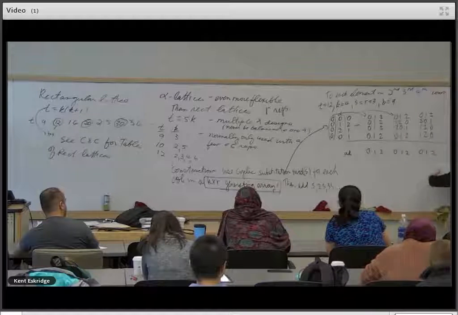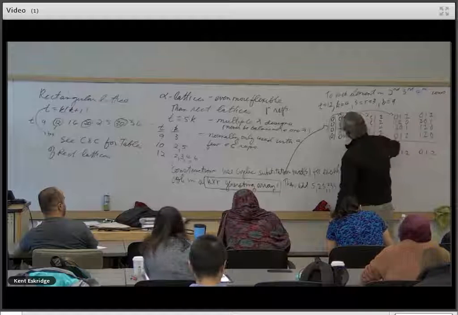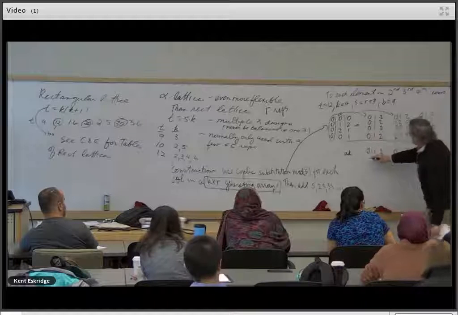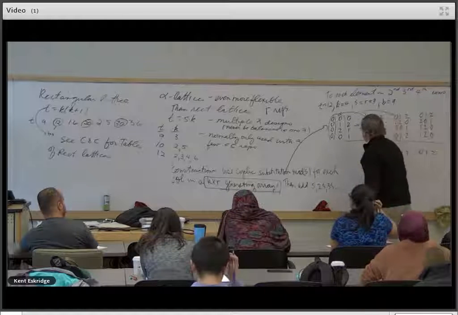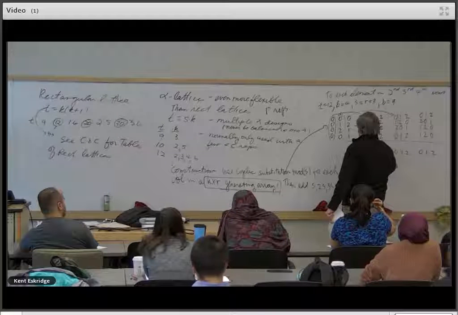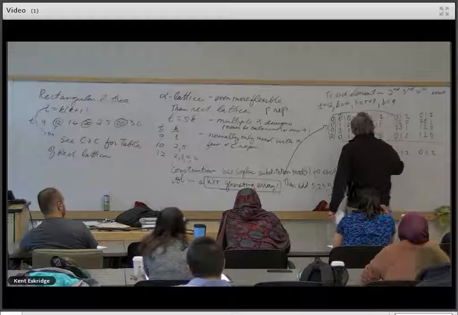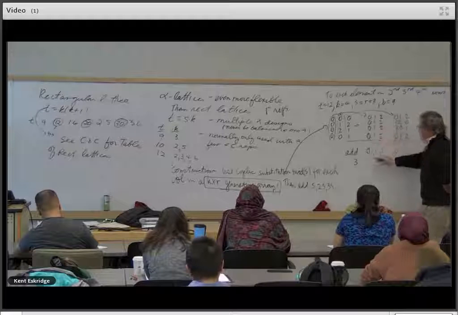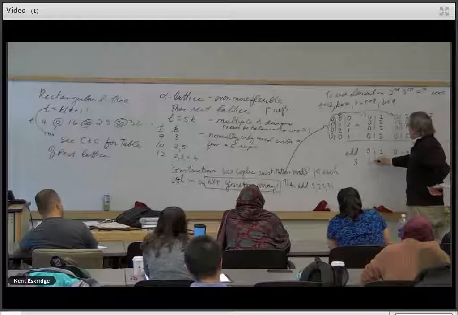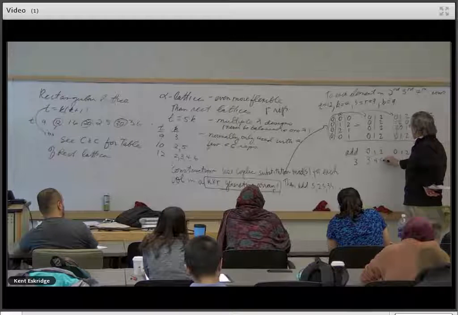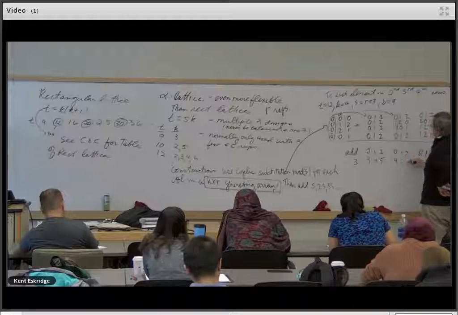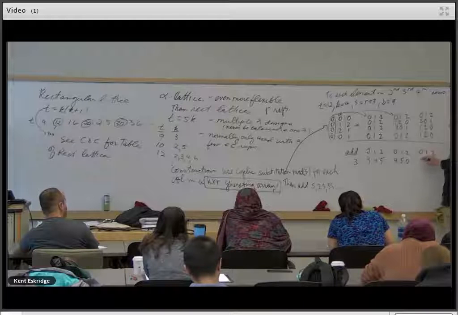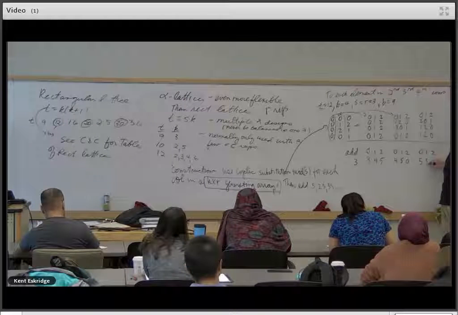The columns are the blocks. So these are going to be the blocks here. I'll write them out in just a minute. Now let's add 3 to the second row. So if I have 3, what do I get? 3, 4, 5. Now I add to this one, it's going to be 4, 5, and 0. And I add to that one 5, 3, and 4.